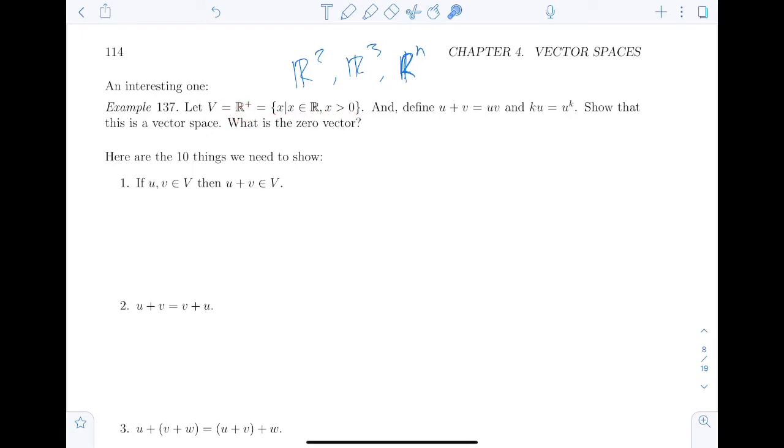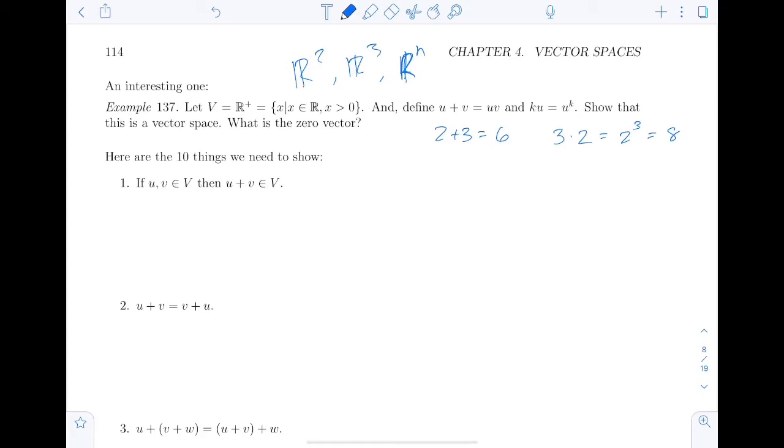We're going to define u plus v as multiply them, and ku as u to the k. So for example, 2 plus 3 in this vector space would be 6, and 3 times 2 would be 2 to the third, which is 8.